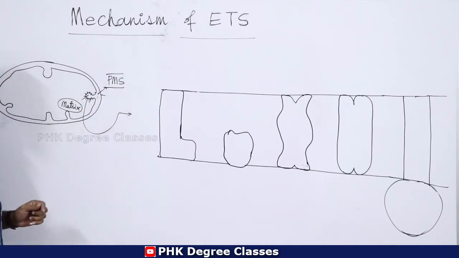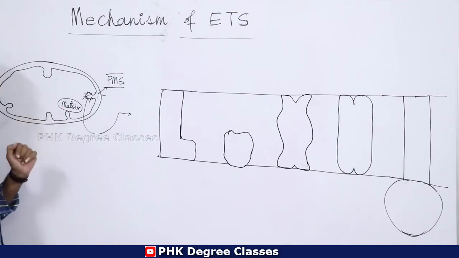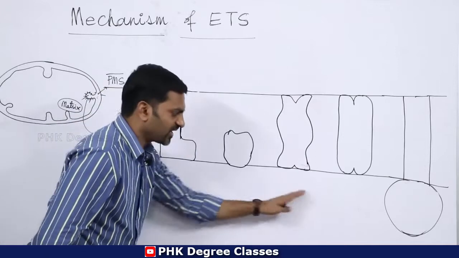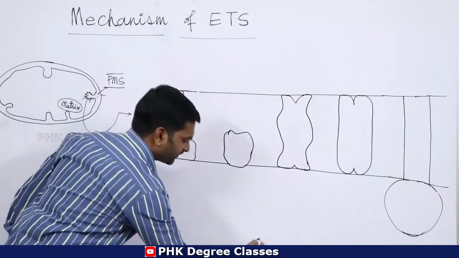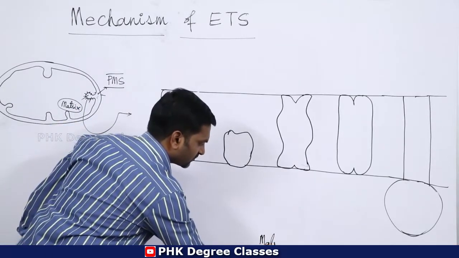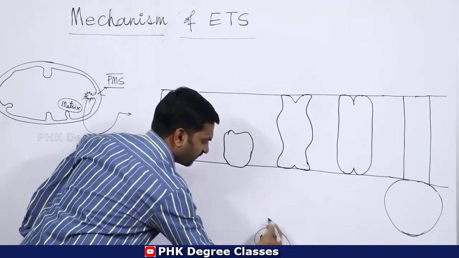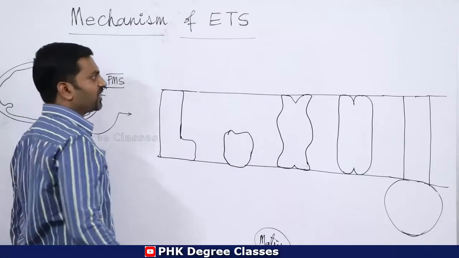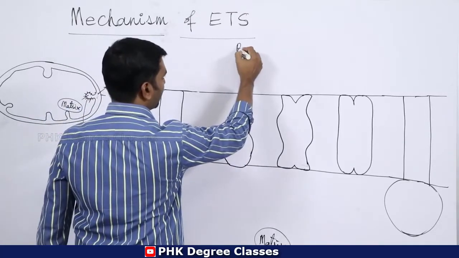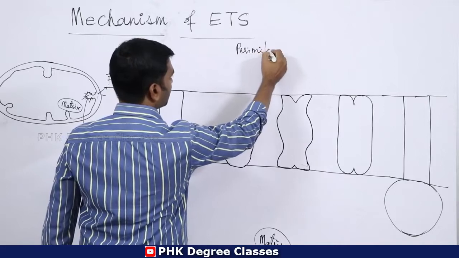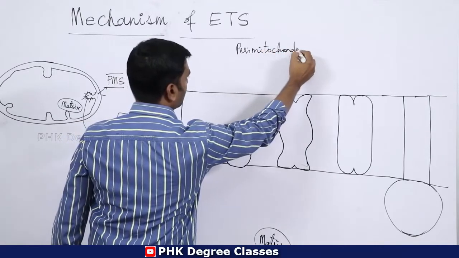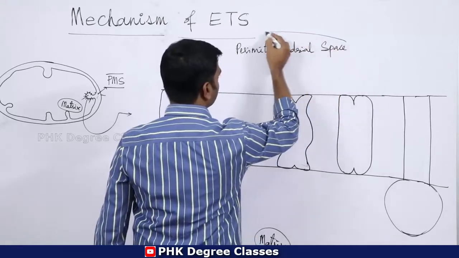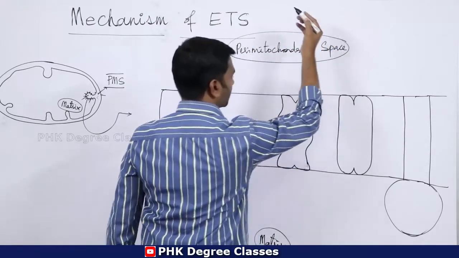In this particular diagram, this entire portion is the matrix of mitochondria. On the opposite side to the matrix of mitochondria, we have the PMS, meaning the perimitochondrial space.